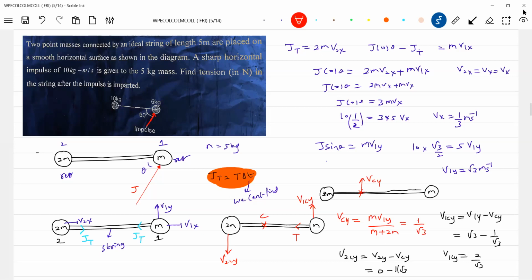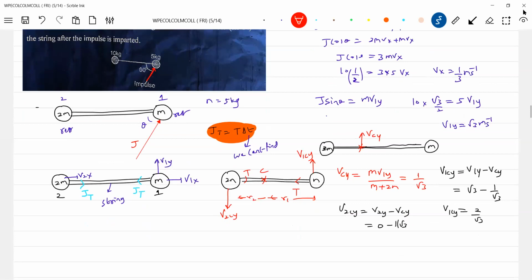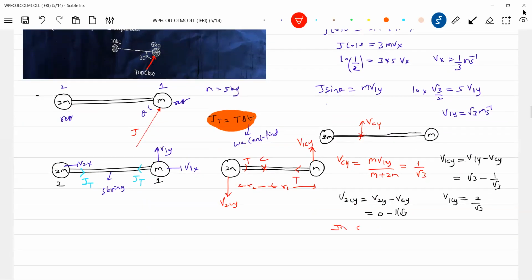For a circular path, we require a centripetal force, and the tension T provides it. Let this distance be R1. So the tension T should be equal to m v1cy whole square by R1.